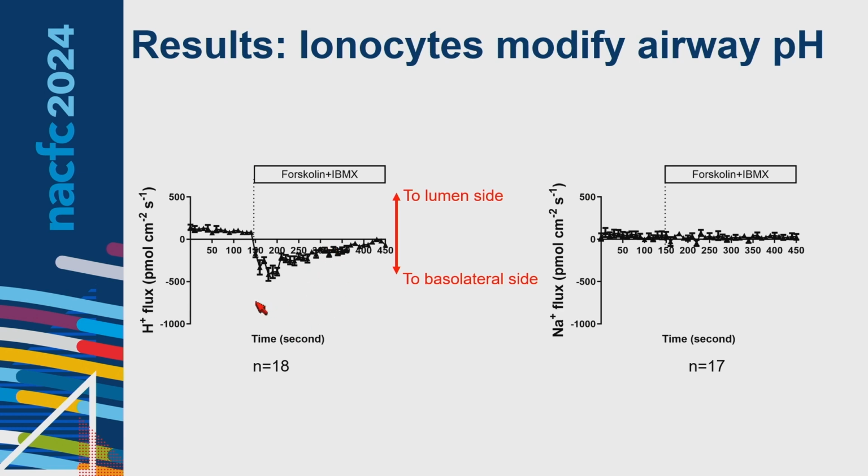It moves from the lumen side to the basolateral side. It causes alkalinization of the airway lumen, and this can also be caused by the secretion of bicarbonate. On the other hand, for the sodium flux, nothing happened before or after forskolin and IBMX stimulation through the pulmonary ionocyte.